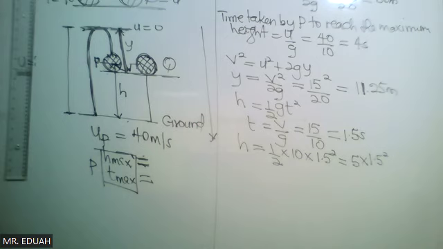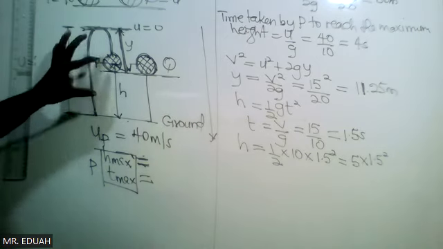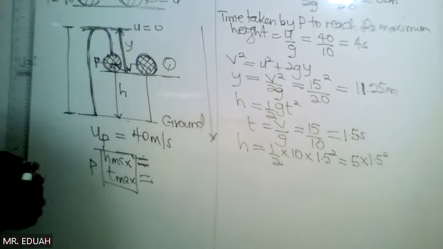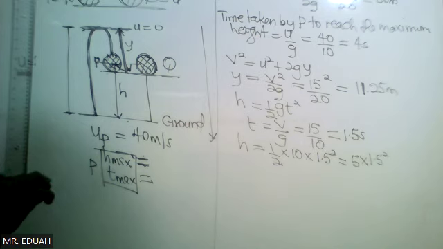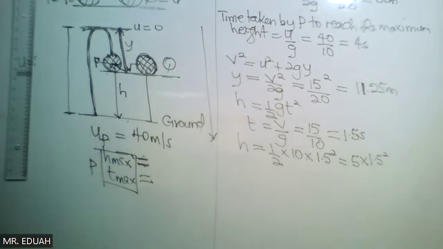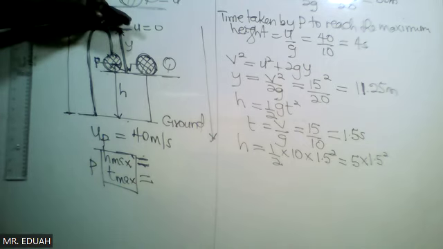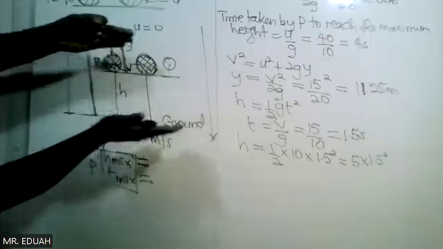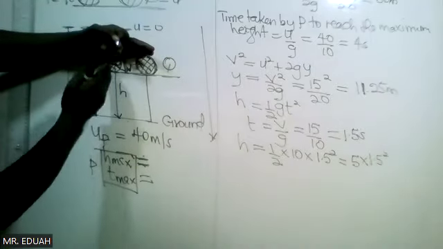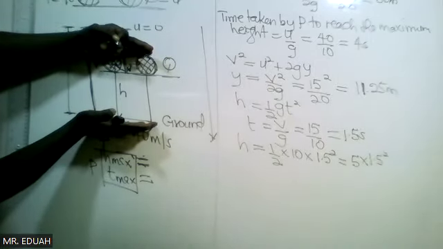Now, if you know y, you can easily find the height where the two bodies will cross. Meaning P has to travel 11.25 and Q has to travel 11.25 from the maximum height to cross, so they will be at the same level from the ground.